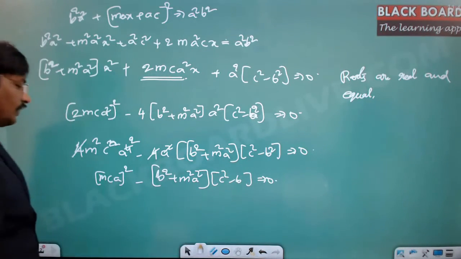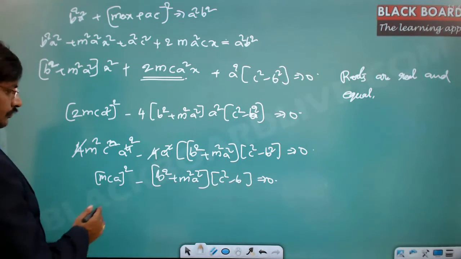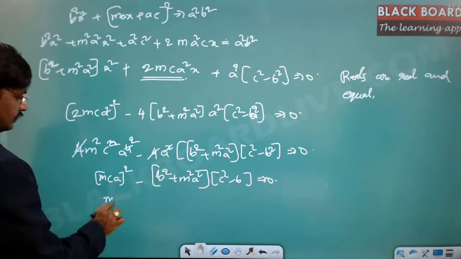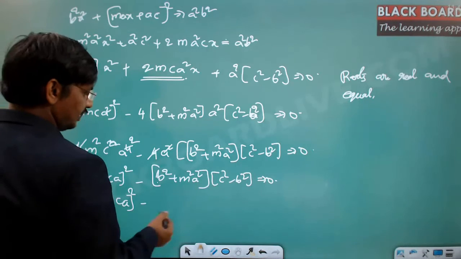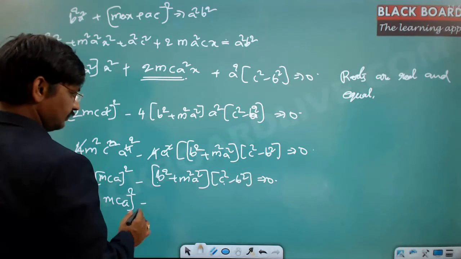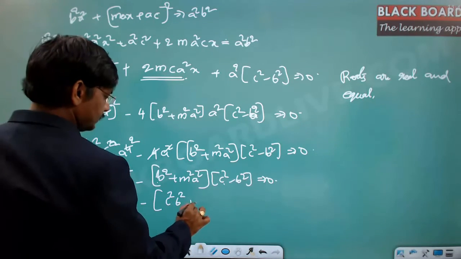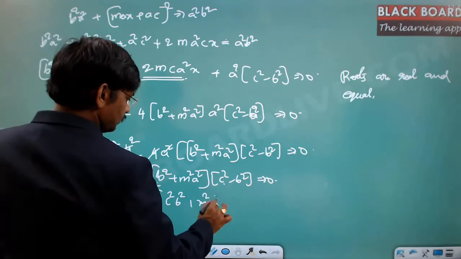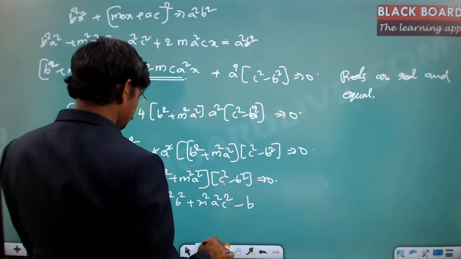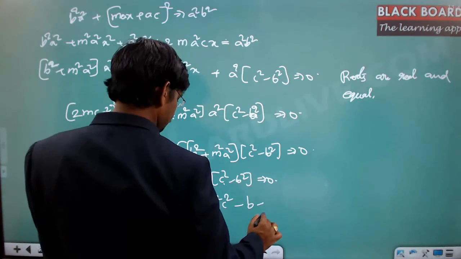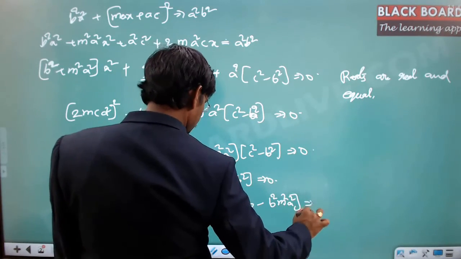Simplifying further, (mca) whole square minus c square b square plus b power 4 minus m square a square c square plus b square m square a square is equal to 0.